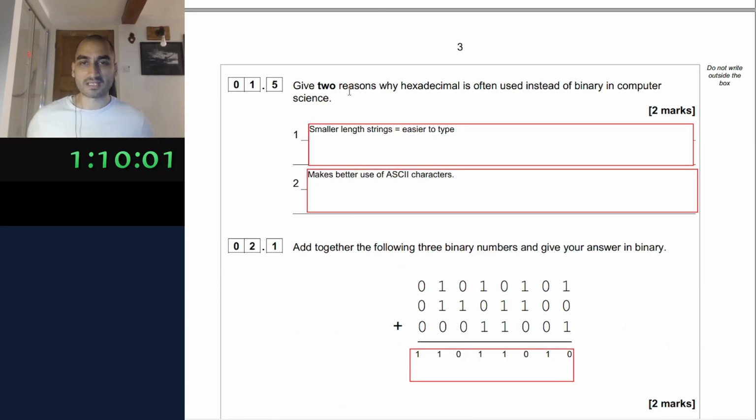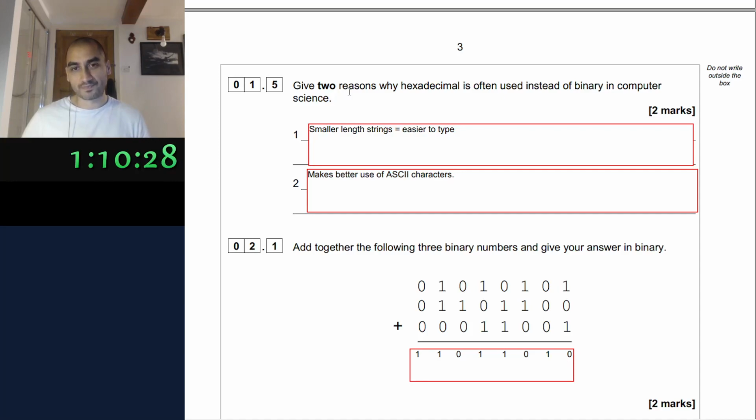Give 2 reasons why hexadecimal is often used instead of binary. Smaller length strings definitely is one. Makes better use of ASCII characters? That doesn't make any sense. What do I really mean though? Honestly, I think the only advantage of hexadecimal is the strings are smaller, because everything else is equivalent.